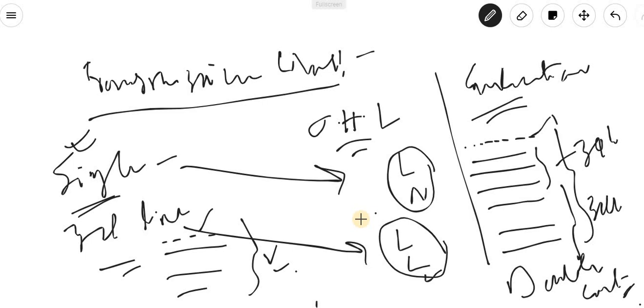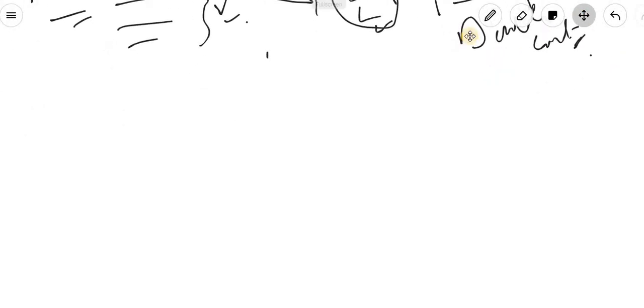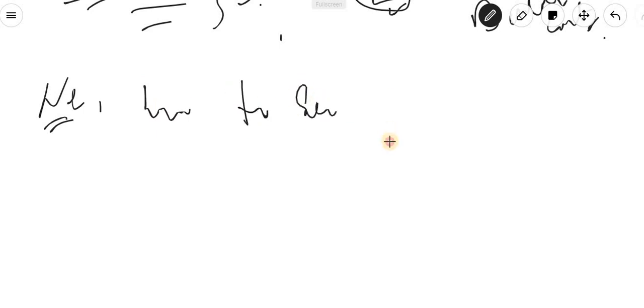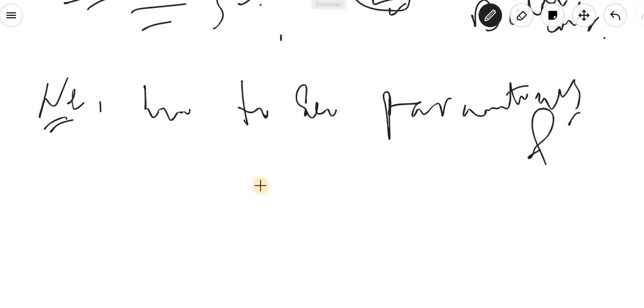For this line calculation, we have to go for the performance of the lines. To study the performance of lines, we have to see the parameters of the line.